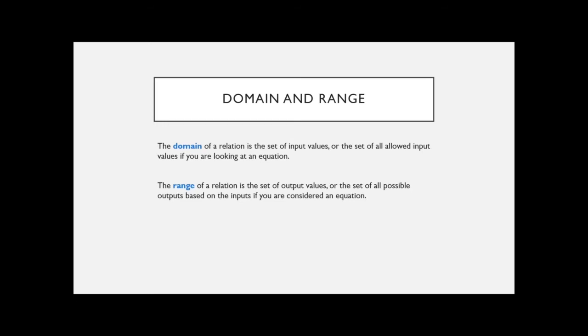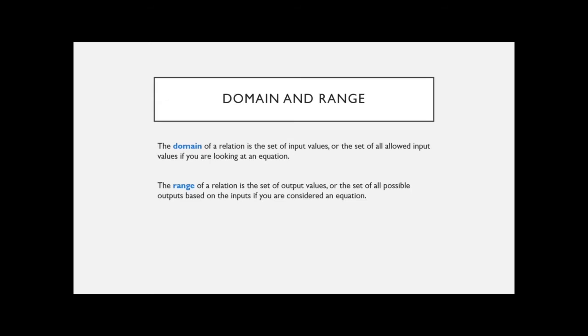When it's ordered pairs or a table, you're just listing things. When it's an equation or a graph, we can't list every single possible number, so that's where we usually use interval notation, which we learned about in the section about inequalities. So it depends on what you're looking at how you write your domain and range.